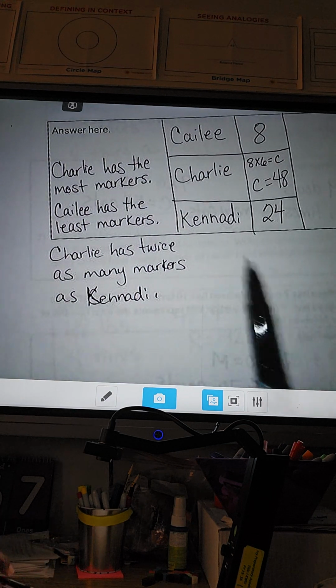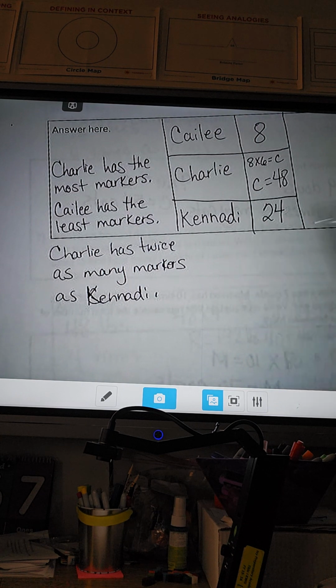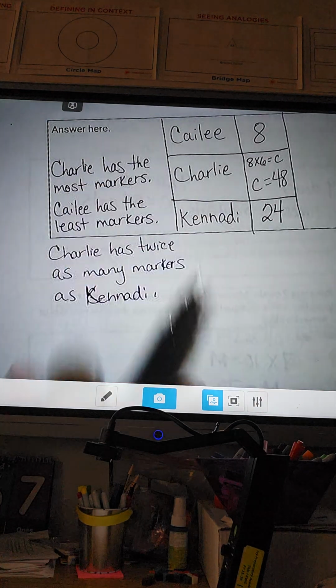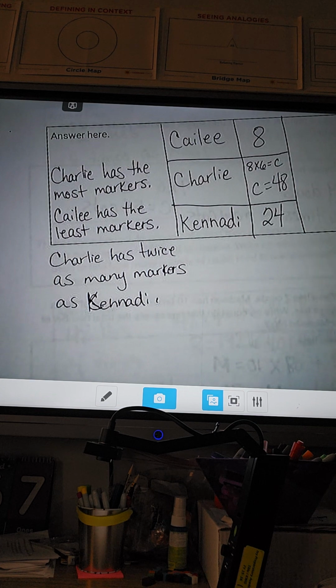So we could say several things. You could even say Kylie and Kennedy have 32 markers combined. You could say something like that. But there are several things that you could say about the number of markers that Kylie, Charlie, and Kennedy have.